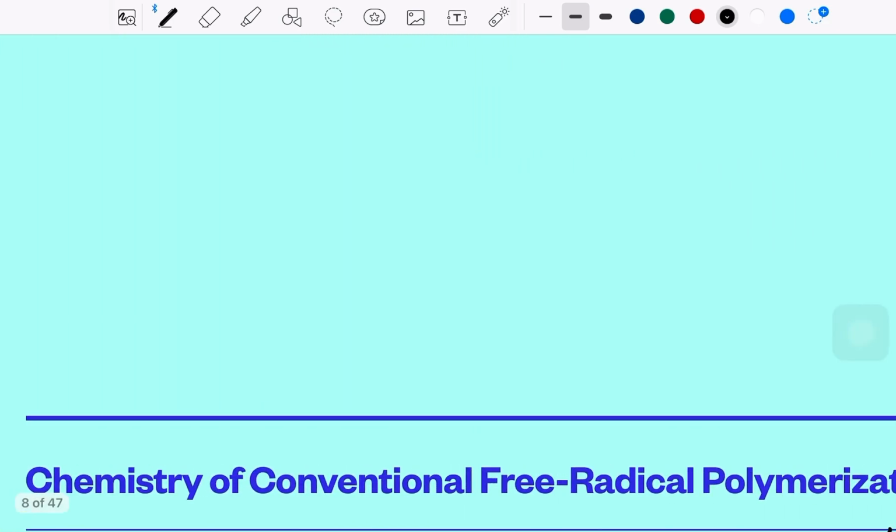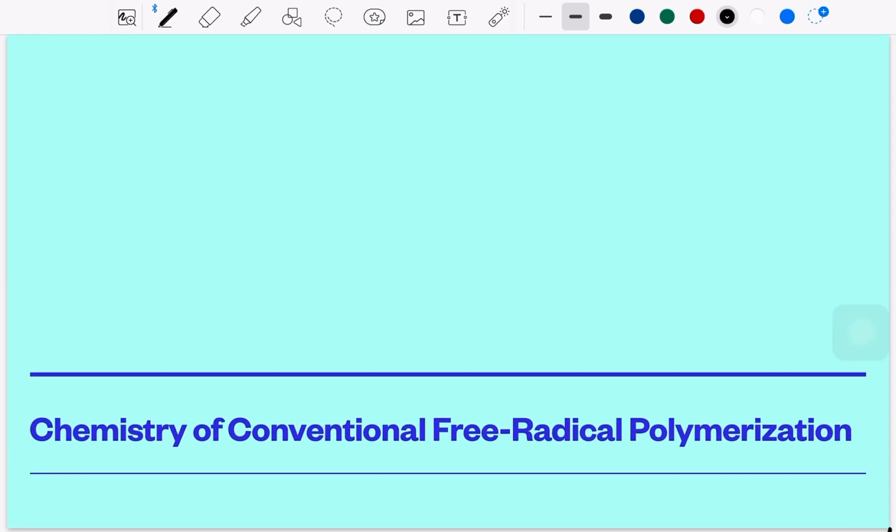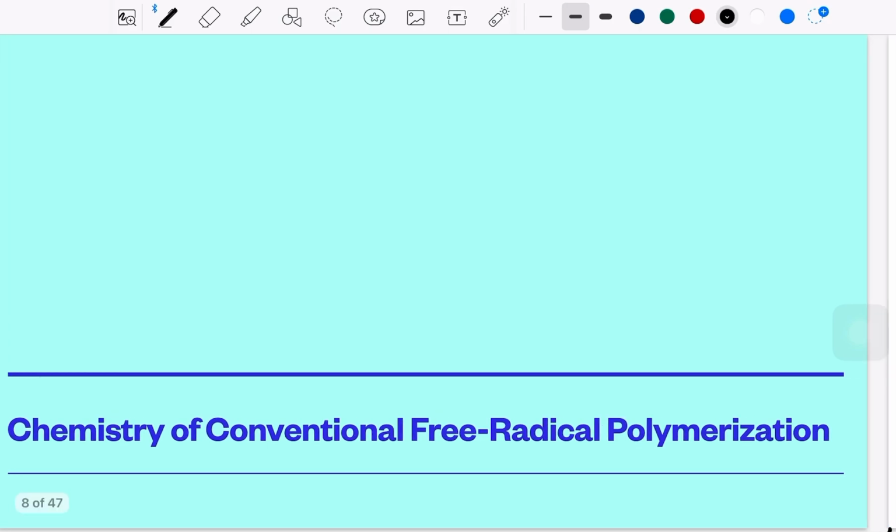Okay, so the previous part is the basis, the definitions, and so on. Now we are going to focus on the chemistry level for the polymerizations.